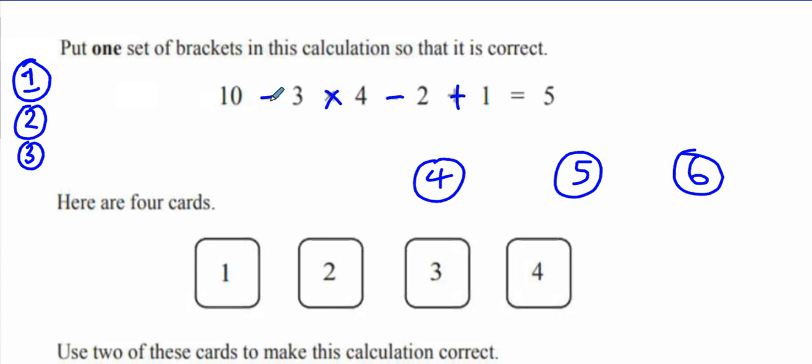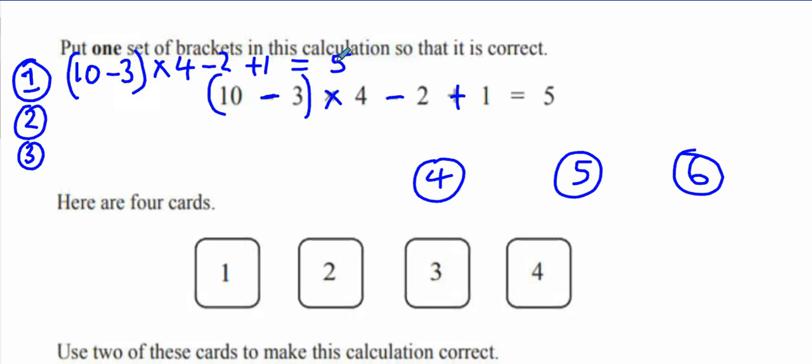Okay. The first possibility will be putting this subtraction sign in the brackets like this. How does it look like? It will be 10 minus 3, times 4 minus 2 plus 1, and compute and see if you'll get 5.